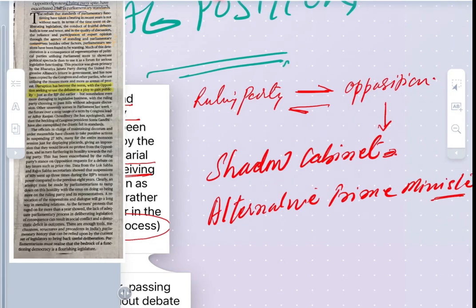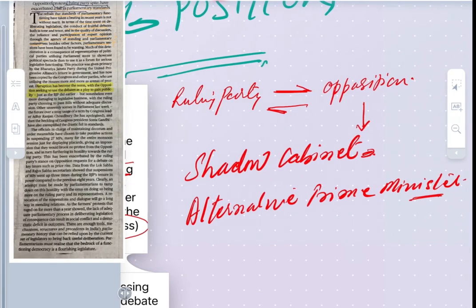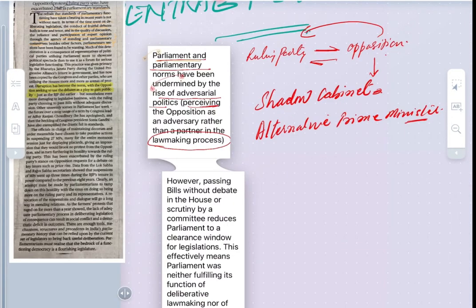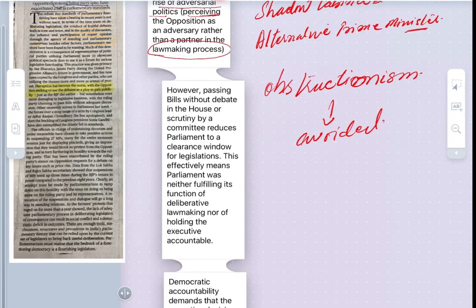On the other hand, let's understand the approach of the opposition towards the ruling party. The attitude of the opposition should be that parliamentary obstructionism should be avoided. It is a weapon to be used in the rarest of the rare cases, because parliamentary accountability is as important as parliamentary debate.